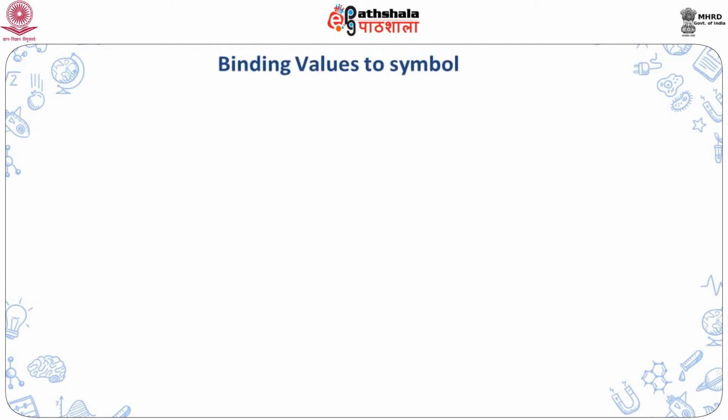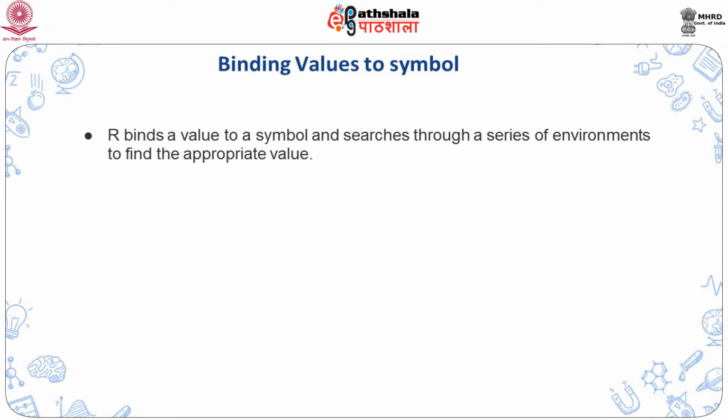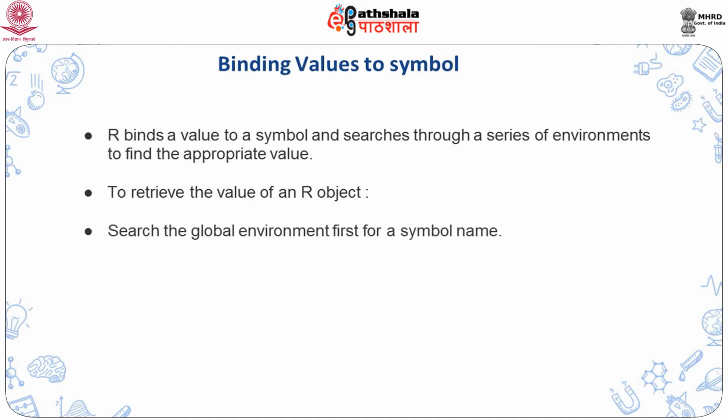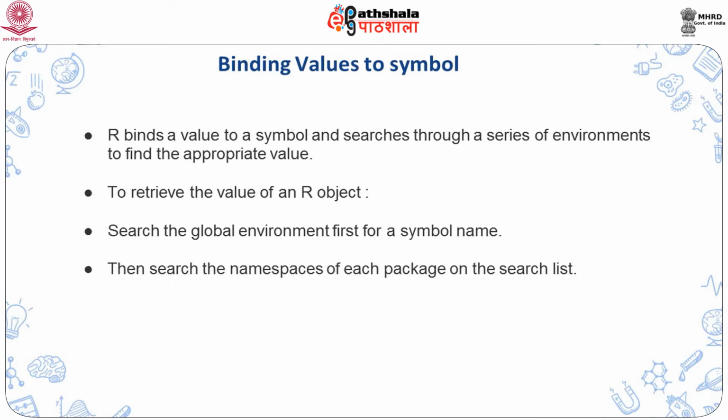R always tries to bind a value to a symbol. To do that, R searches through a series of environments to find the appropriate value. When you need to retrieve the value of an R object, R first searches the global environment for a symbol name matching the one requested, and then searches the namespaces of each of the packages on the search list. You can use the search function for the search list.